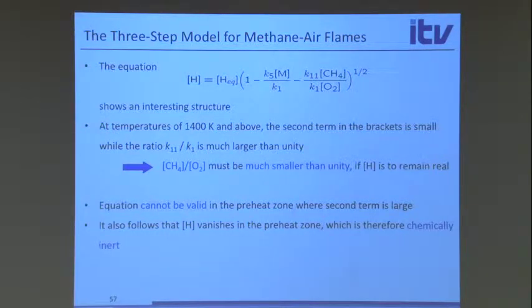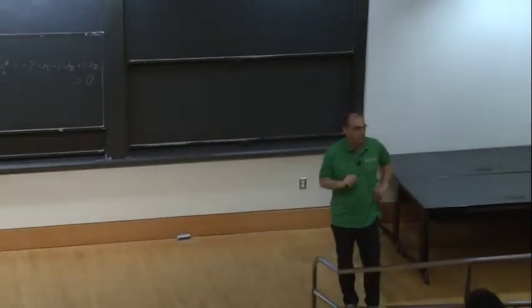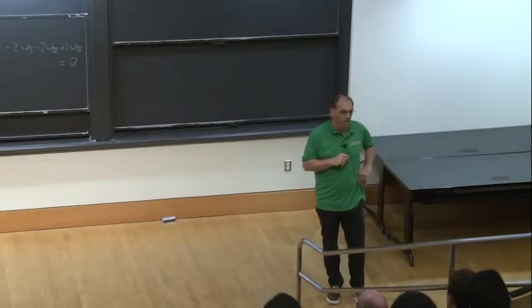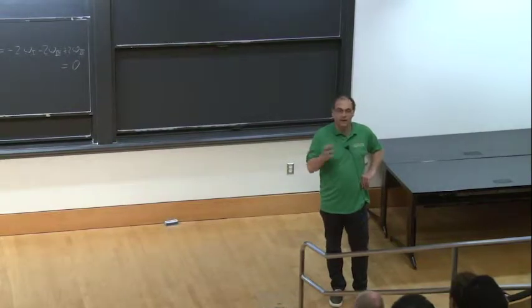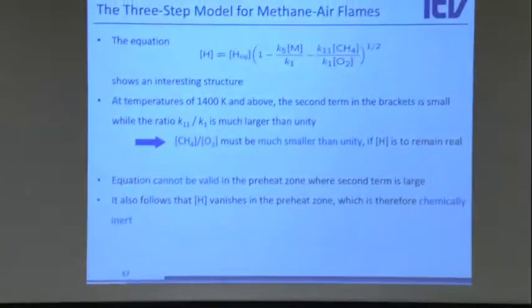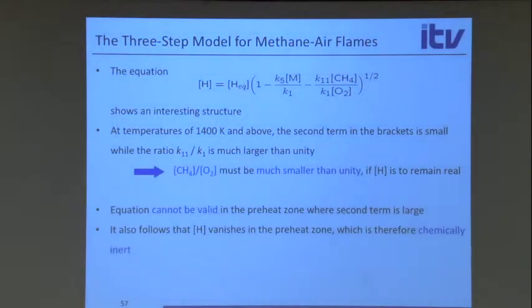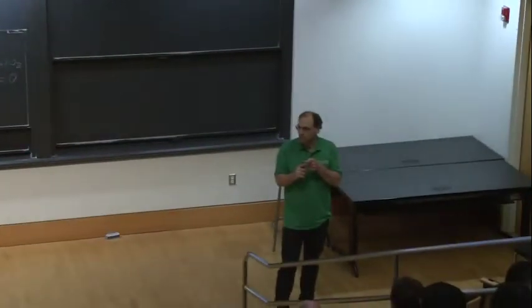CH4 must be very small, okay? Otherwise, you cannot get a real solution to that equation. It means basically hydrogen cannot exist. So, for hydrogen to exist, you cannot have methane. Isn't that interesting? That's what the equation tells you. Methane and hydrogen cannot exist at the same time.